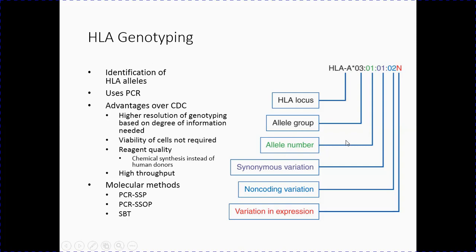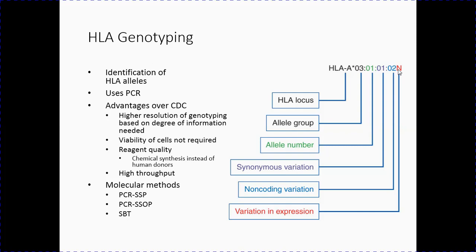The allele number is 01. The synonymous variation, non-coding variation, and variation in expression all go into this larger genotyping number. We're going to see this used in just a few minutes as well. PCR clearly has advantages over CDC.